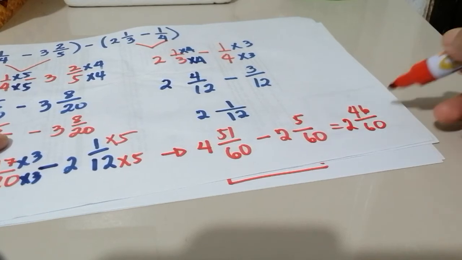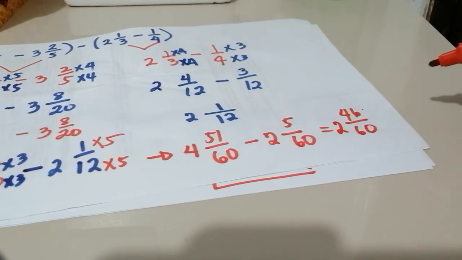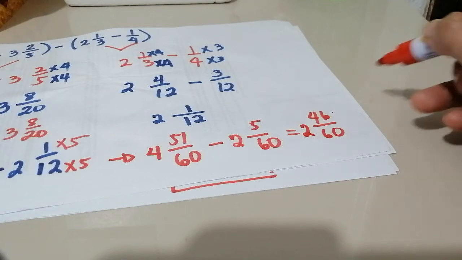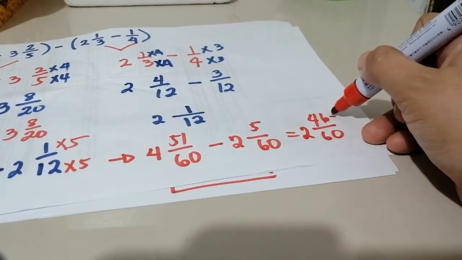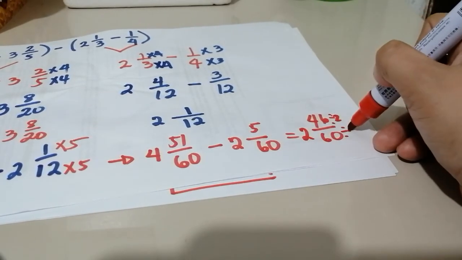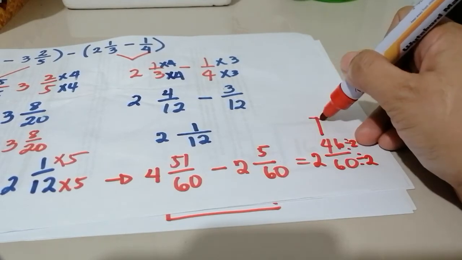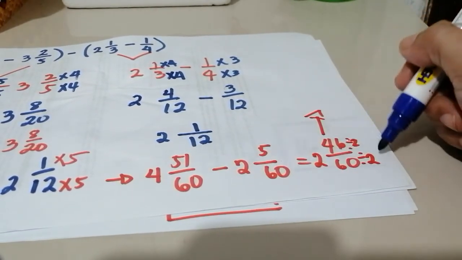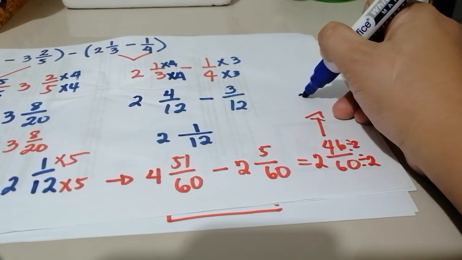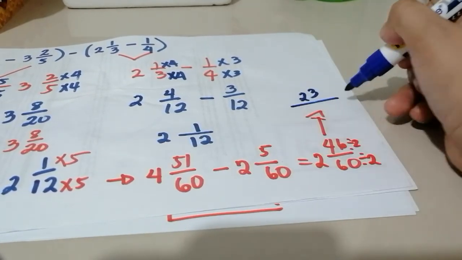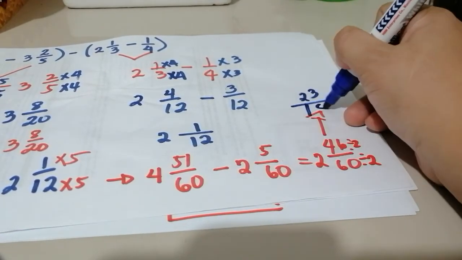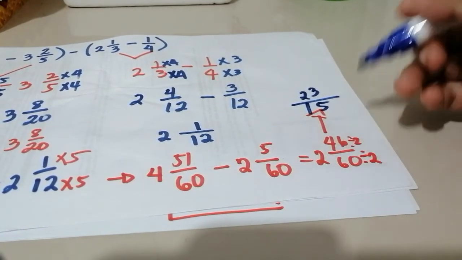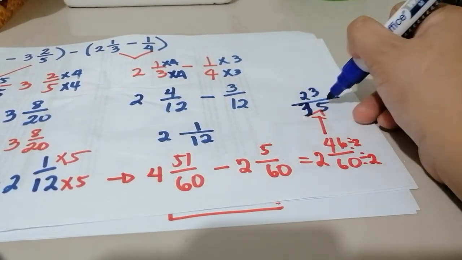But then again, 46 and 60 ay hindi pa simplified. Why? Because we can still divide 46 and 60 by 2 and by 2. Okay, so ang final answer natin dito will be 46 divided by 2 is 23 over 60 divided by 2 is 30. Okay, sorry, 60 divided by 2 is 30.